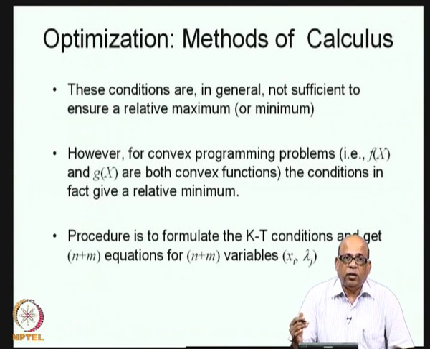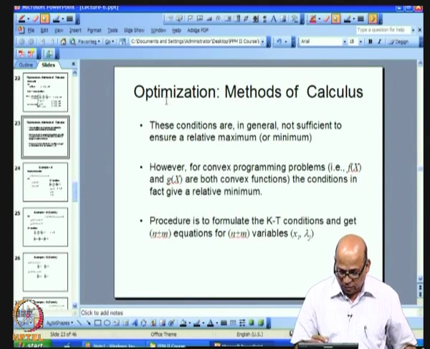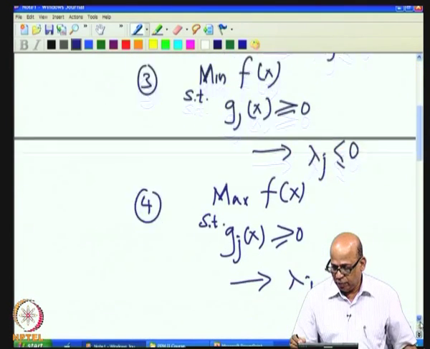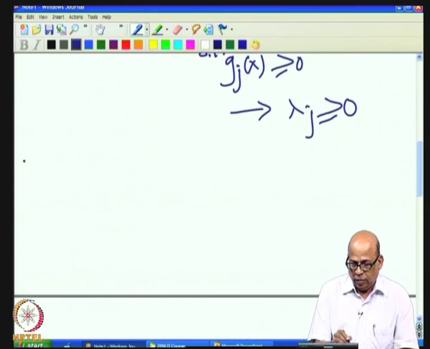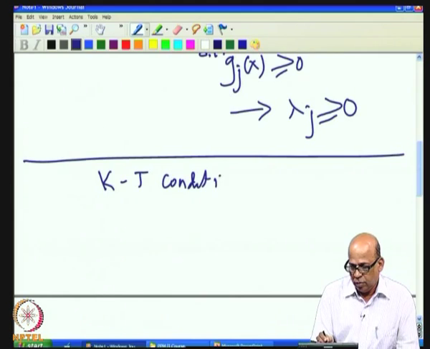However, there are certain types of problems called convex programming problems, where these conditions can also be sufficiency conditions. So, KT conditions are necessary conditions.